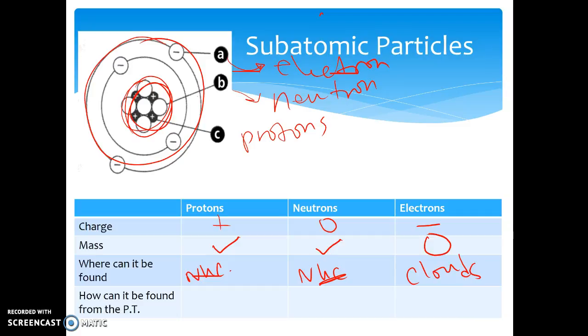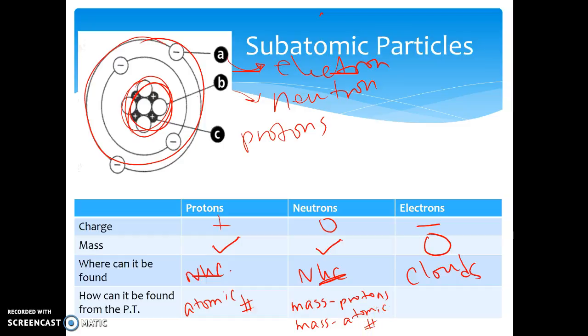Last but not least, how can it be found on the periodic table? So this is just a review of what we learned a second ago. So we found protons by looking at the atomic number. And for neutrons, we find that by looking at the mass, subtract protons, or you could say mass, subtract atomic number.